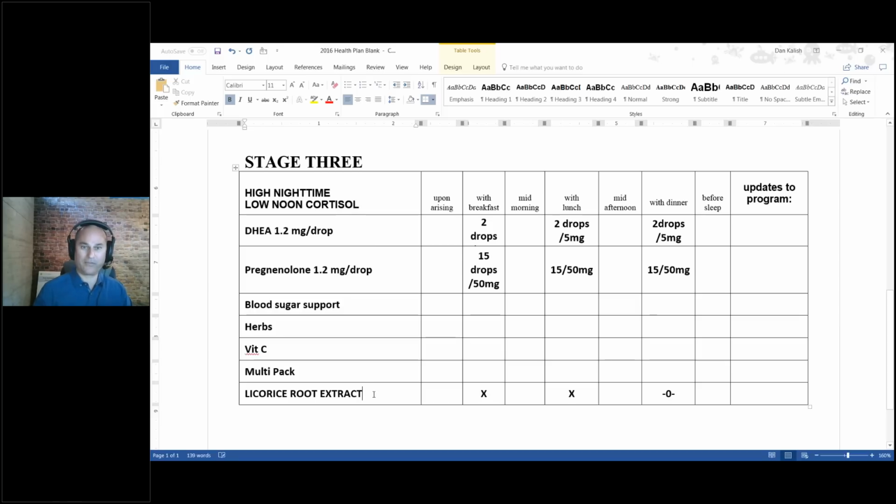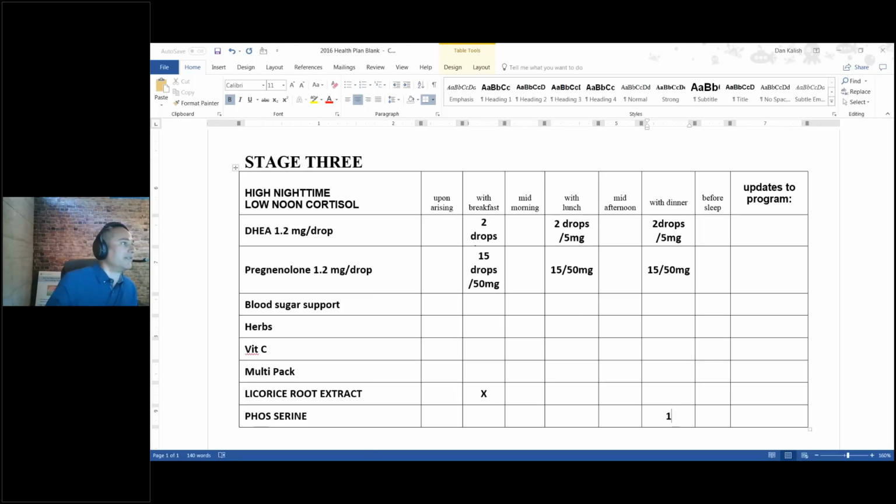Then you would give the licorice root in the morning to boost up that noon, and you would give the phosphorine at dinner time to knock down the evening. So you can use them both. Licorice to bring up, phosphorine to bring down. You can use them in the same patient even.